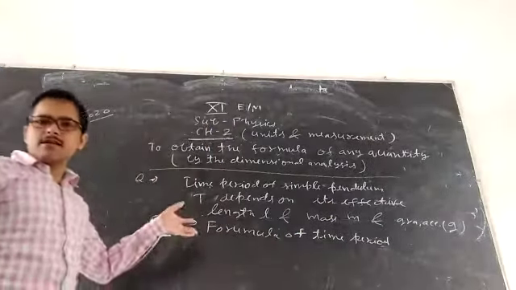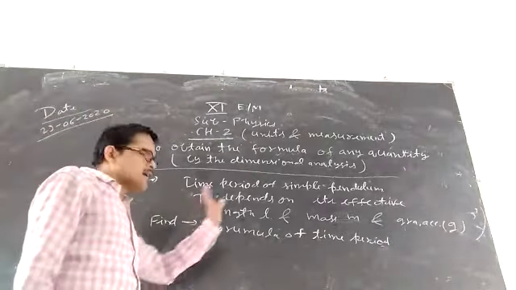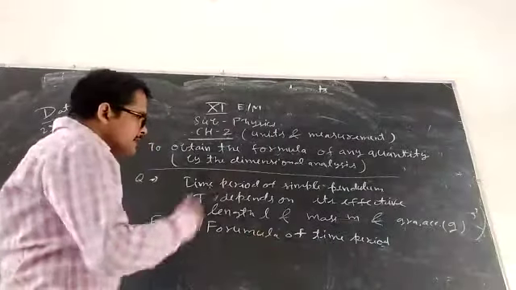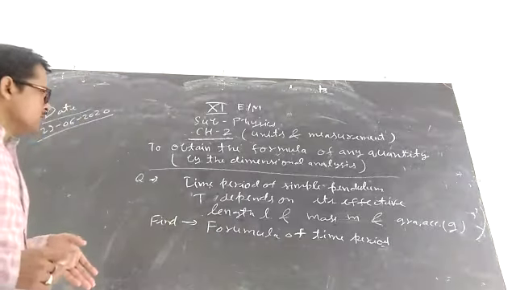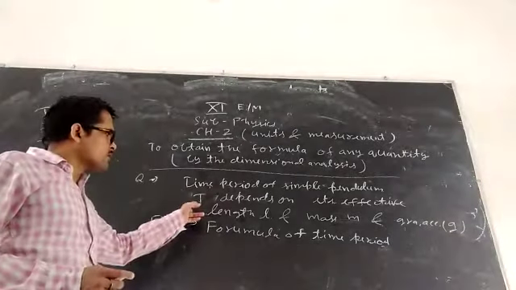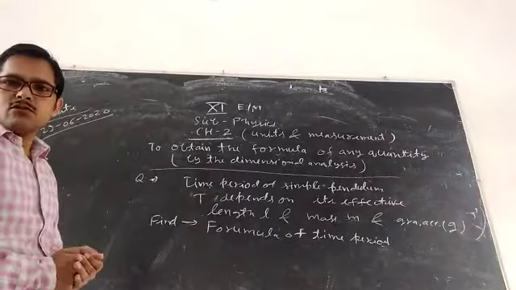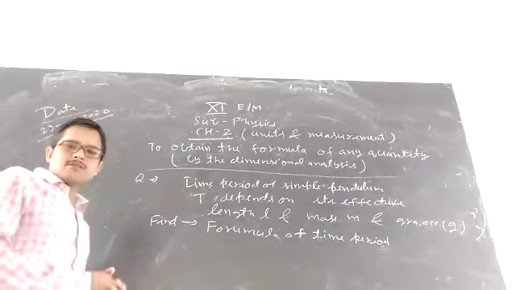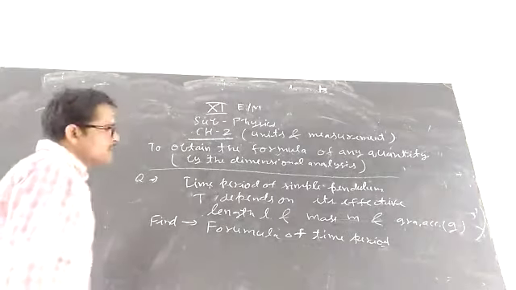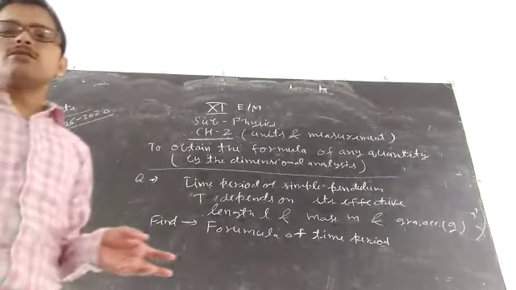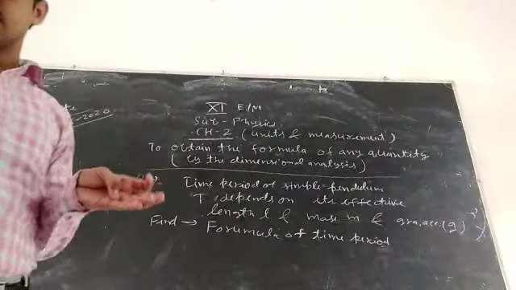On the left side we write the quantity which depends on the other quantities, and on the right side the quantities given in the question, with their powers. You will use their dimensional formulas. So the time period T depends on the mass, length, and gravitational acceleration.